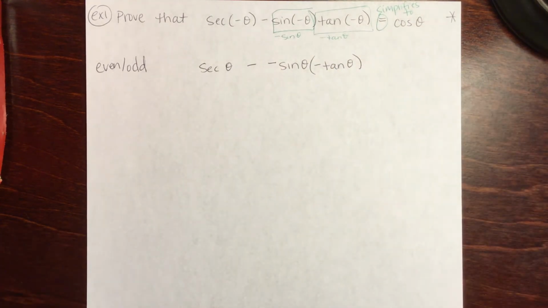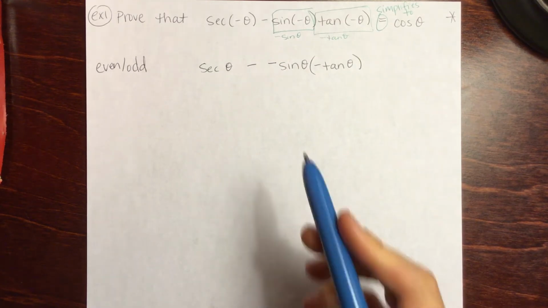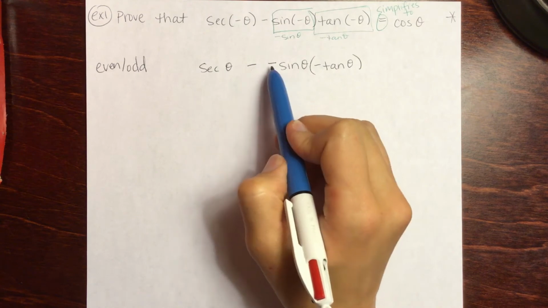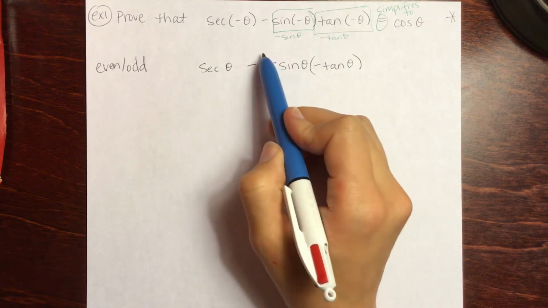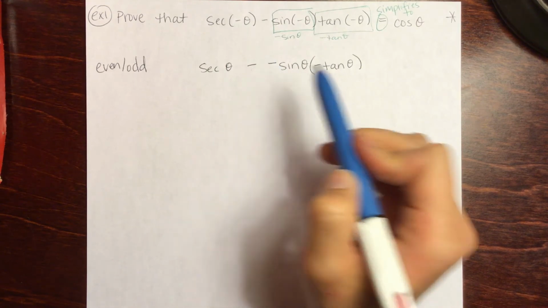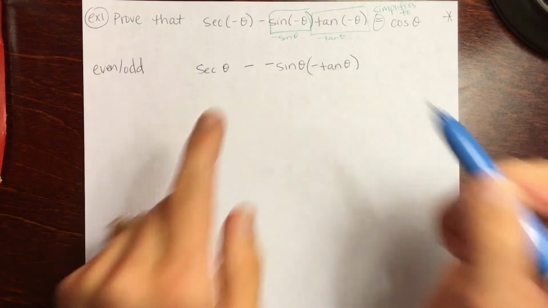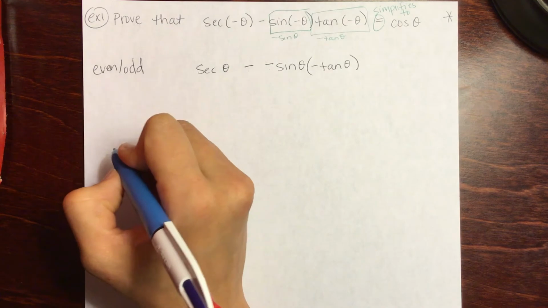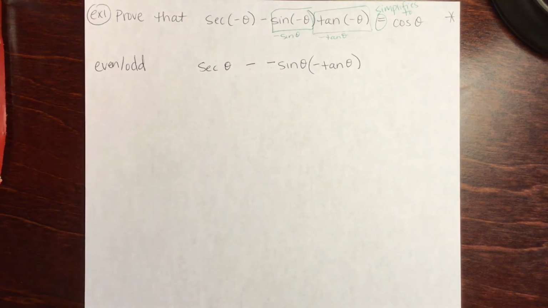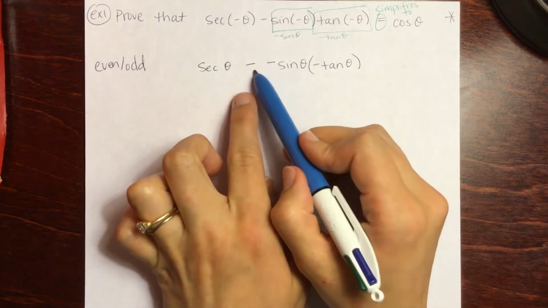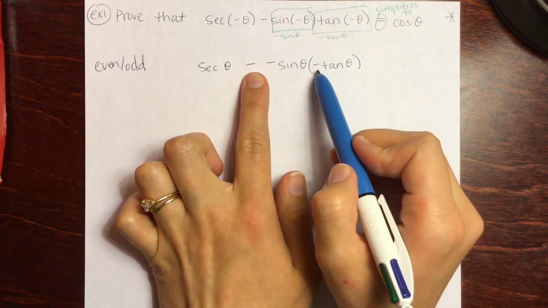Okay, we still have a ton of negatives going on here, but they're all being multiplied. So I can either say minus negative, this is a double negative, which is going to make it a positive, or I can say negative sine times negative tangent. This is a double negative again, that's going to make it positive. So either way, 2 out of these 3 negatives here are going to cancel each other out.